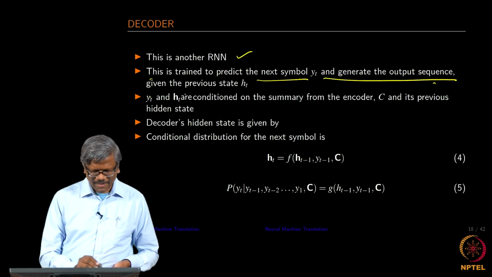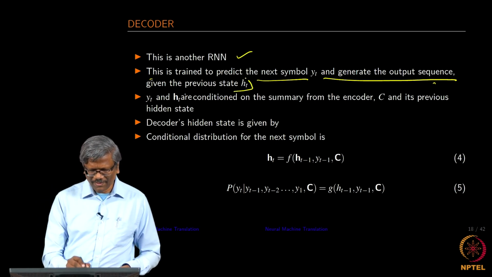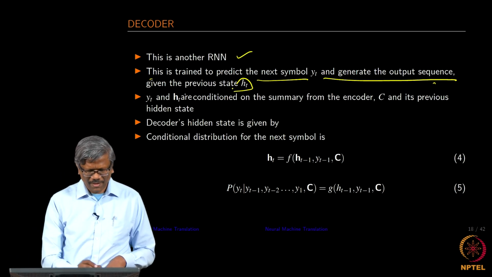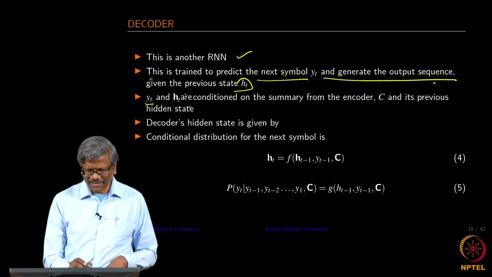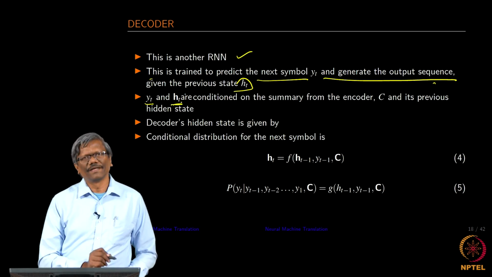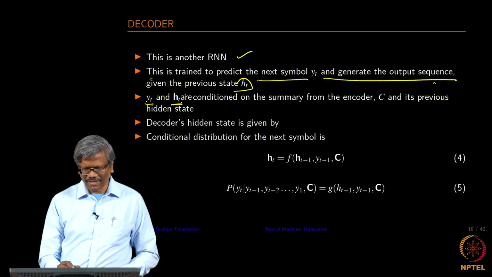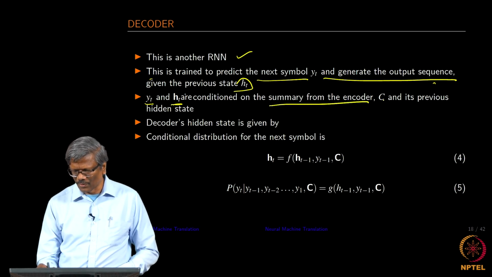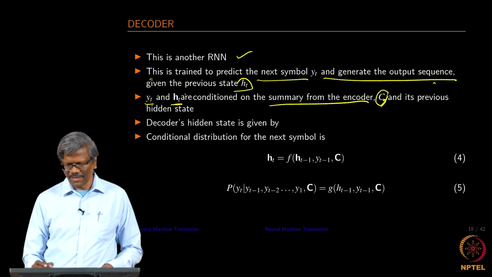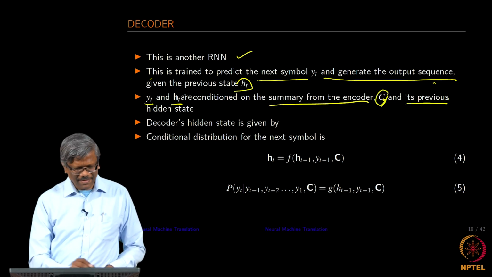And it depends on the previous state that we had seen earlier. And the output and the hidden state or the memory is conditioned on the summary from the encoder. That is what we have used as C as our symbol, and the previous hidden state.